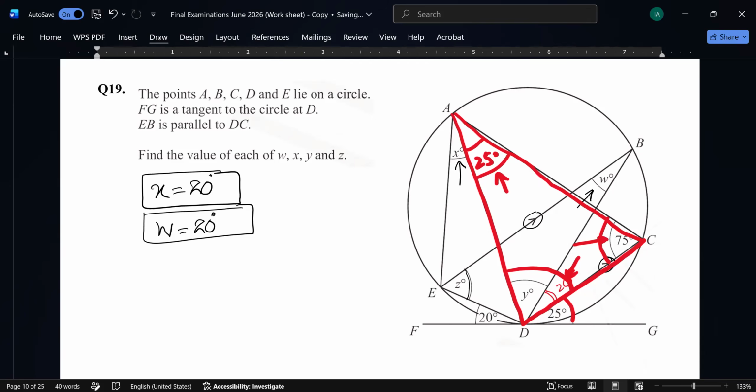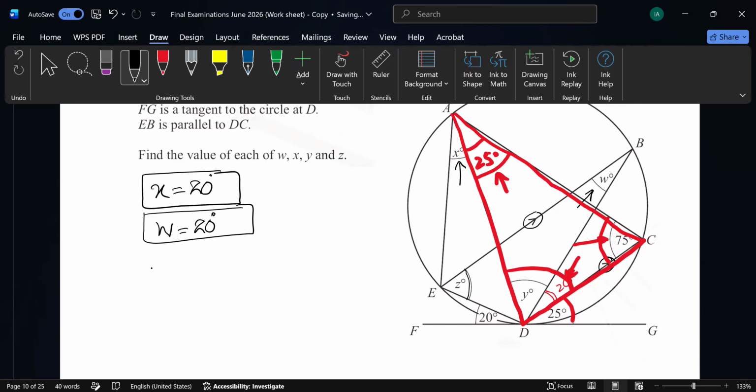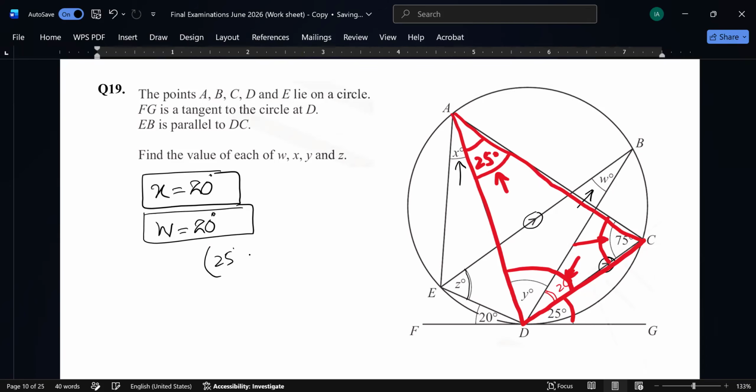Okay, let's do our job. So we are adding 25. We are adding 75. Now, with these angles, the sum will be subtracted from the 180 degrees as the triangle is concerned.